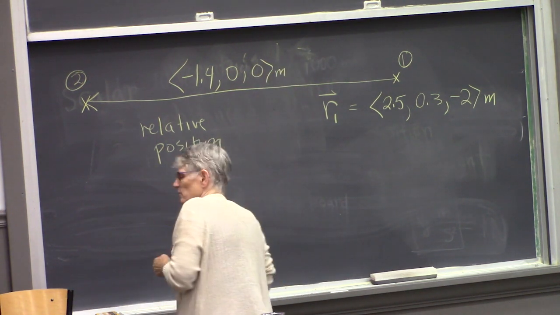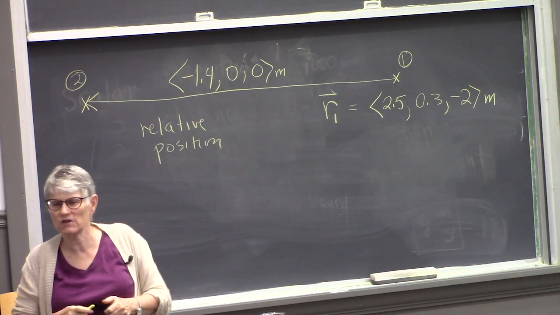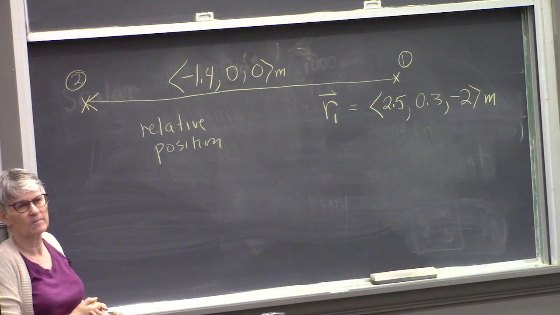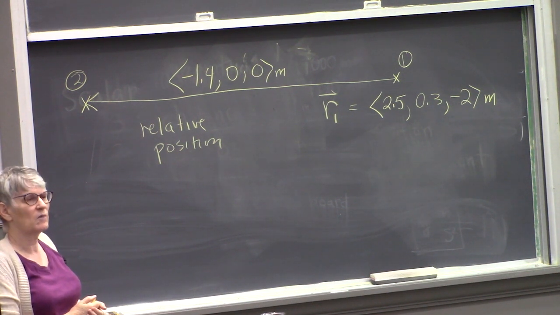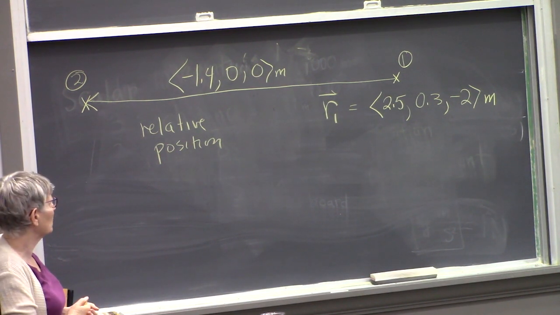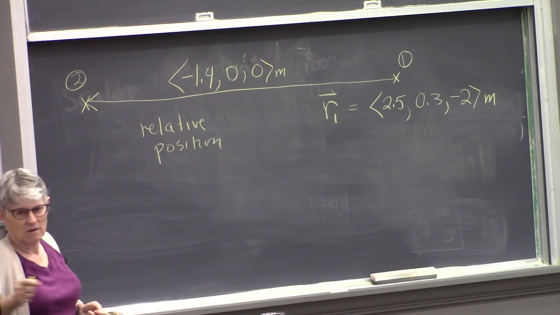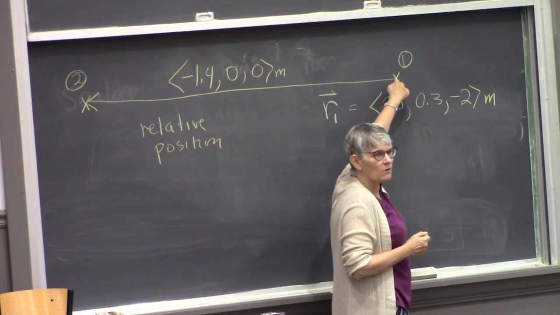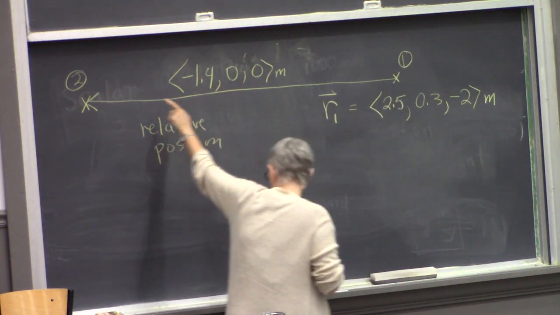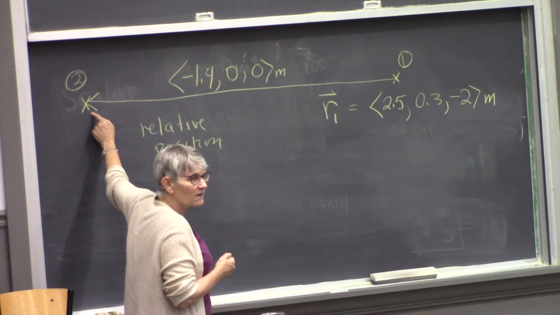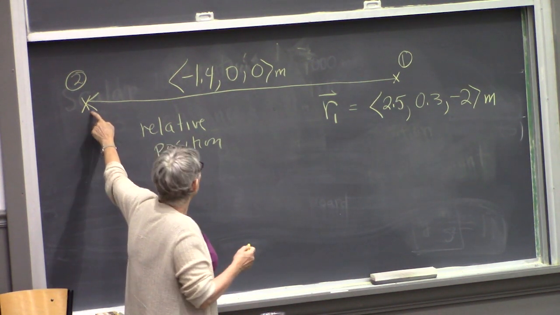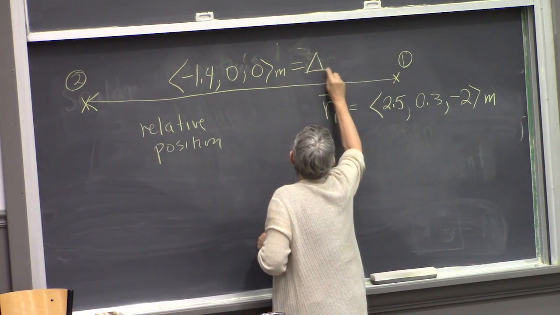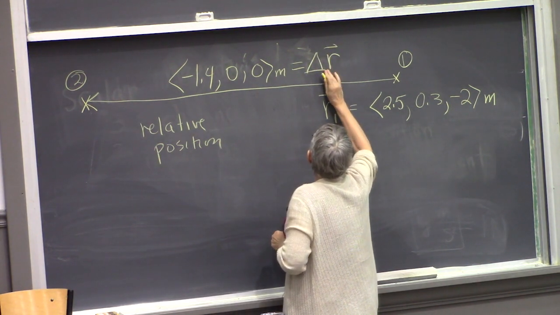So now we'd like to get the position of point 2 relative to our origin. We know the vector that goes from here to here. What if we just added that vector to it and got to here? So we'll call this vector delta r. Delta means a change.